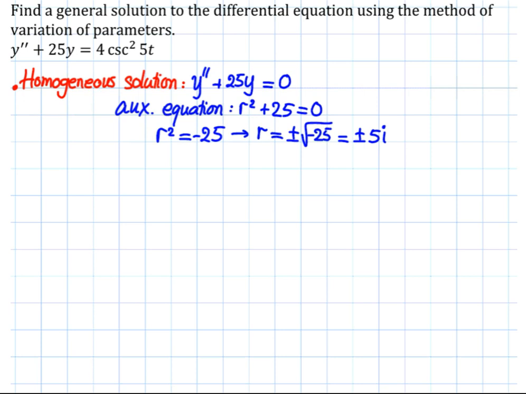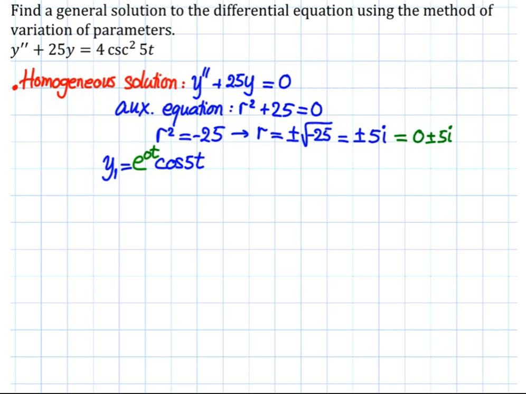Right? So then we can write y1 and y2. Note that we can write 5i as 0 plus or minus 5i. And for a complex solution, we're going to have e to the 0t and then cosine 5t.